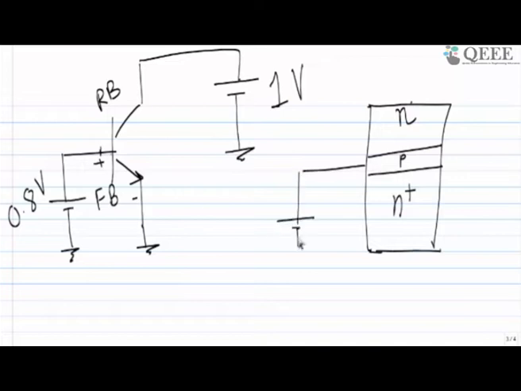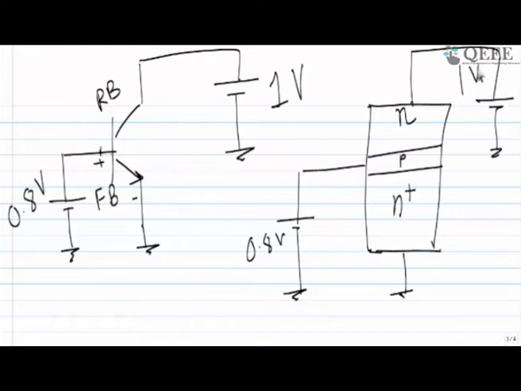This one is connected to 0.8 volt. This one is connected to 1 volt. Now what is going to happen? If I am connecting 0.8 volt here, this PN junction is forward bias and it will give some holes over here, or there is a flow of current in the direction of hole.